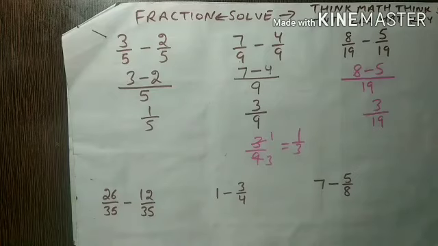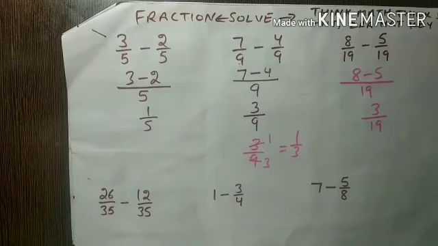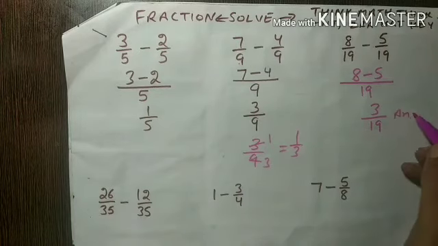So my answer is 3 by 19, because there is nothing common between 3 and 19. So we can say the HCF of 3 and 19 is 1. So this is the final answer. Okay student, this is the answer.